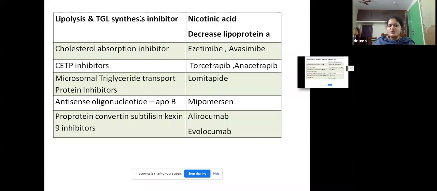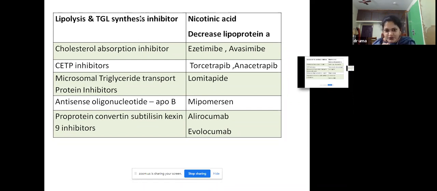CETP inhibitors, that is cholesterol ester transport protein inhibitors, are torcetrapib and anacetrapib. CET is in the drug name itself. MTP inhibitors, that is microsomal triglyceride transfer protein inhibitors, is lomitapide.